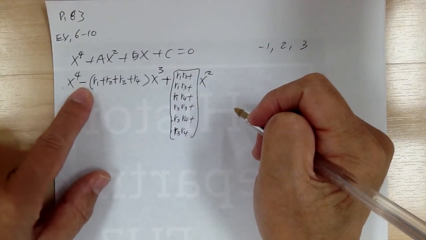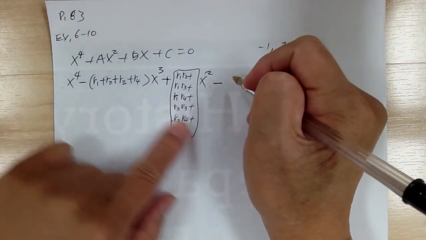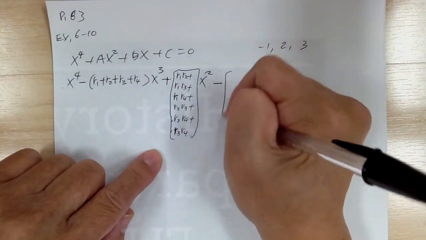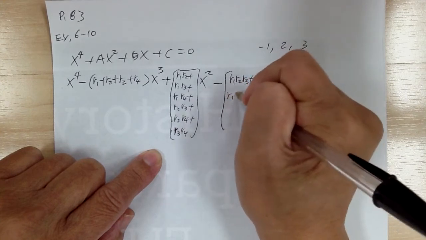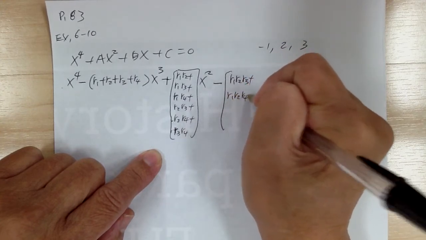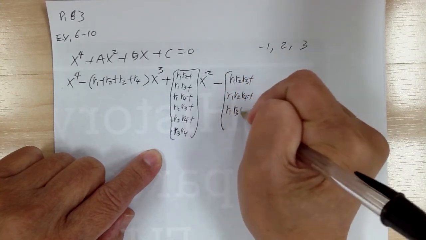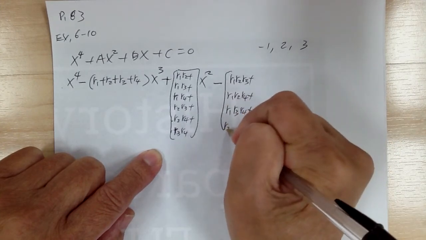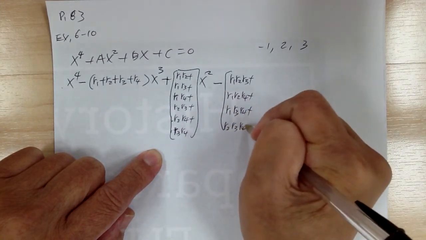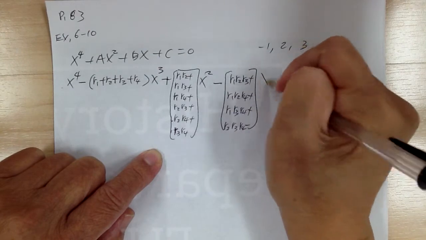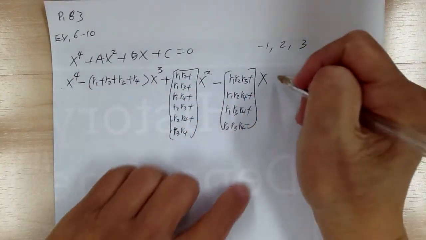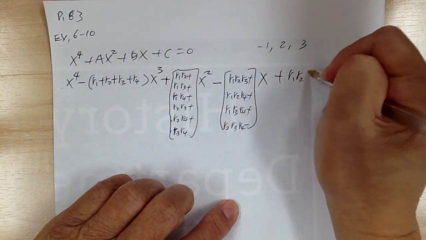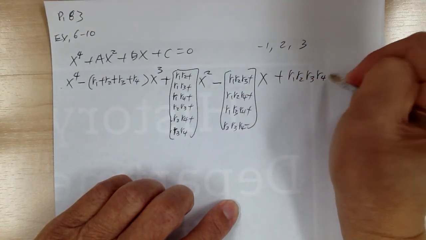So plus minus plus minus, and the cube would be 3 at a time. So it'd be r1 r2 r3 plus r1 r2 r4 plus r1 r3 r4 plus r2 r3 r4, x. So, okay, plus minus plus minus plus r1 r2 r3 r4 equal to 0.